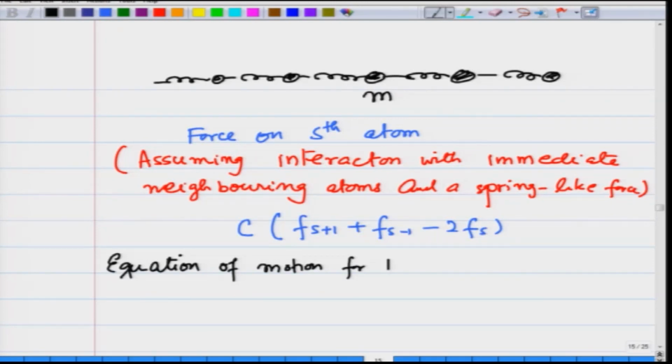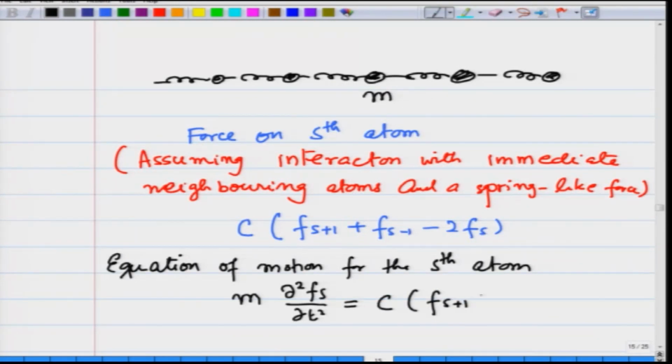for the sth atom will be mass of the atom m d2 f_s by dt square is equal to c times f_{s+1} plus f_{s-1} minus 2 f_s. Let me box it.